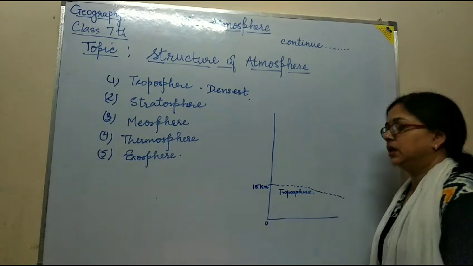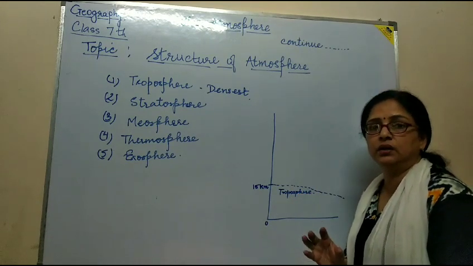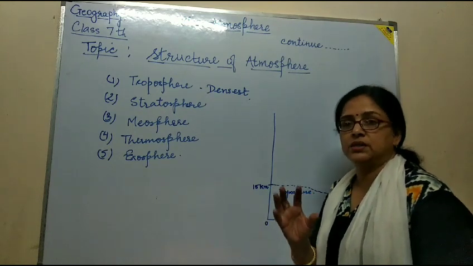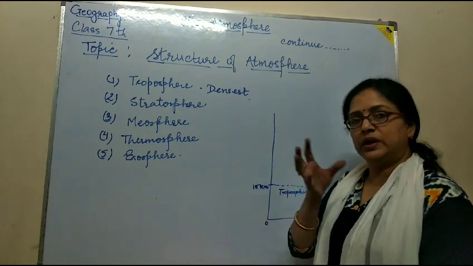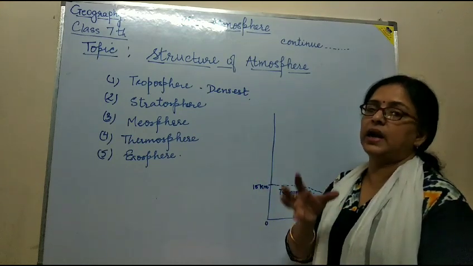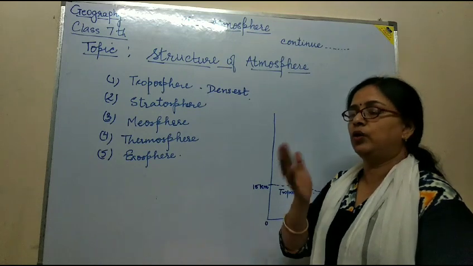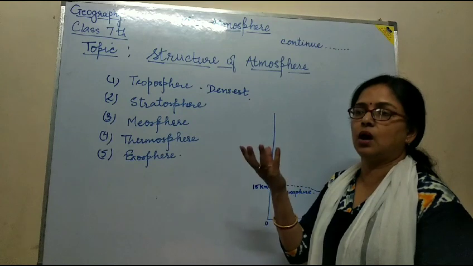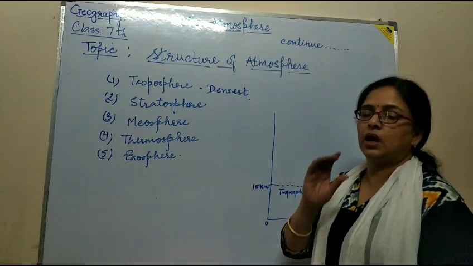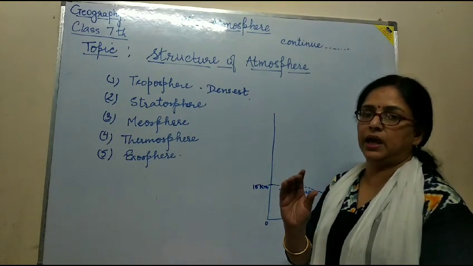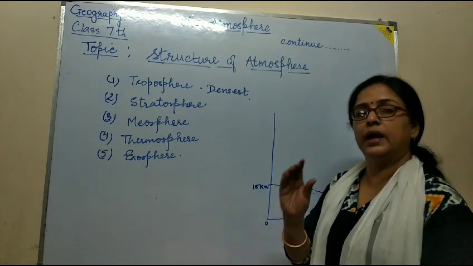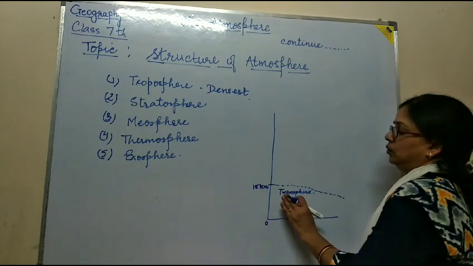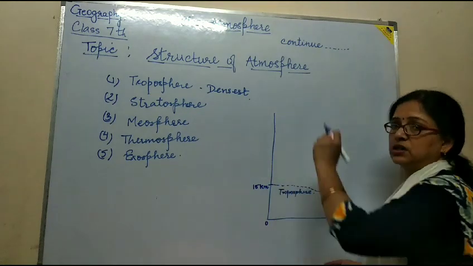In the atmosphere we find water vapor. Water vapor very easily mixes with the air present in the atmosphere. When water vapor rises up, it condenses and forms clouds. The degree of water vapor present in the air is called humidity. And I said that a lot of disturbances are there.